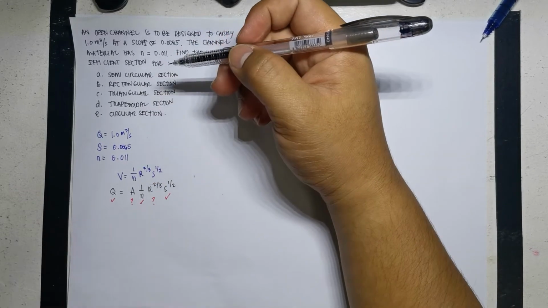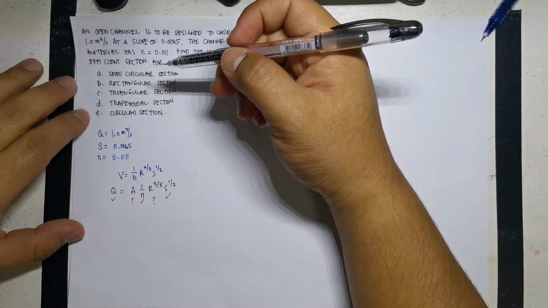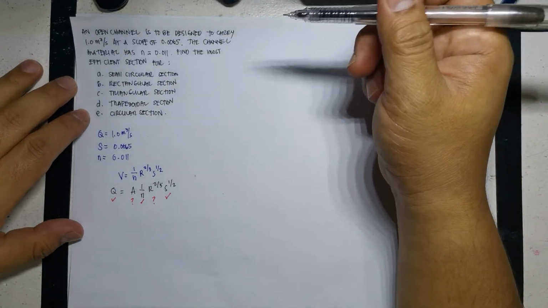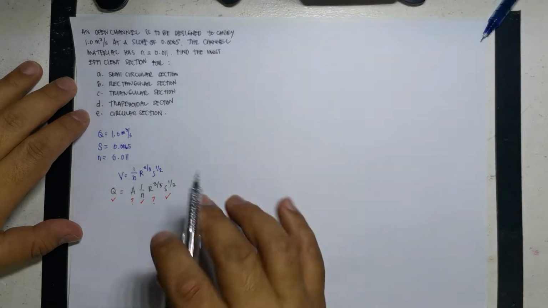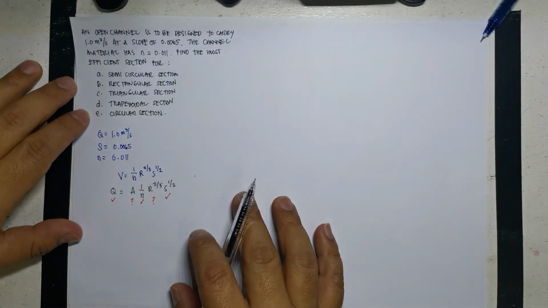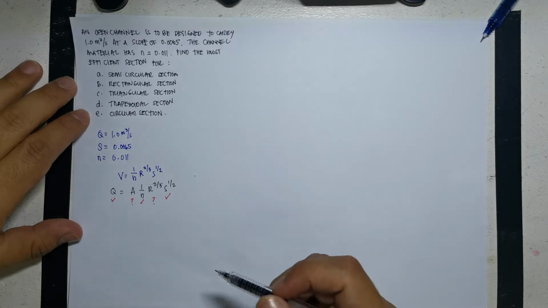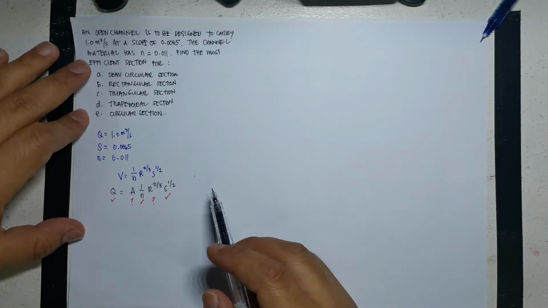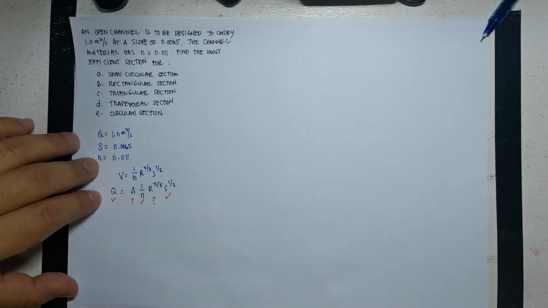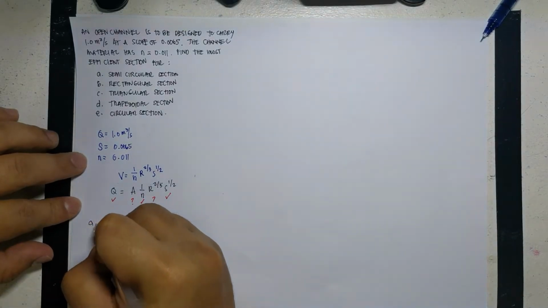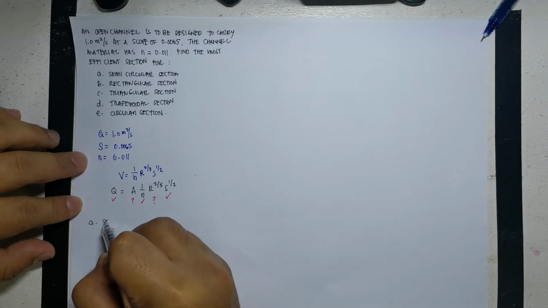Okay. So for semicircular section, para ma-define natin siya, ang kailangan natin ma-compute sa kanya is yung kanyang diameter or yung kanyang radius, kahit ano doon, no? So gamitin natin si diameter ng semicircular na channel. Okay.